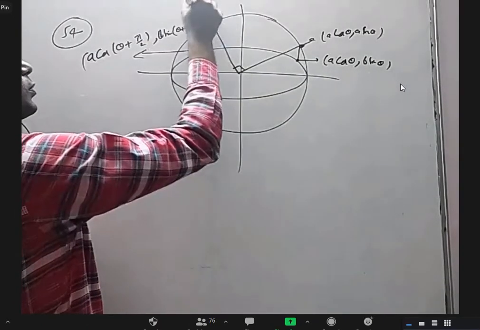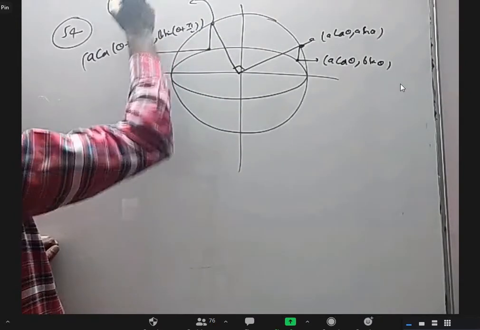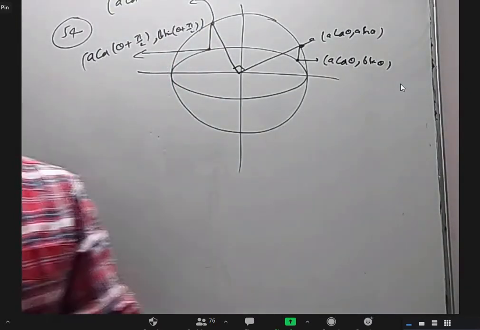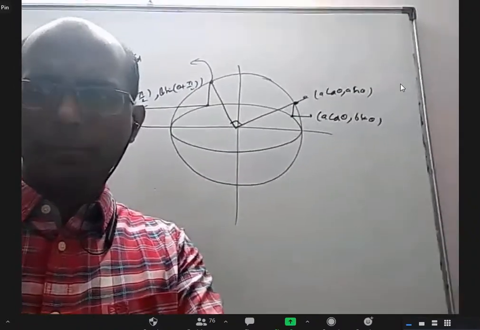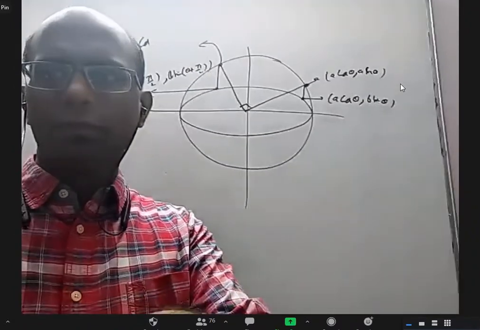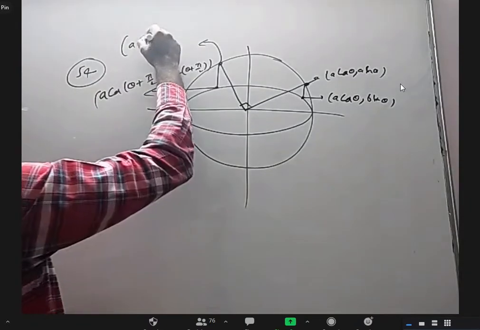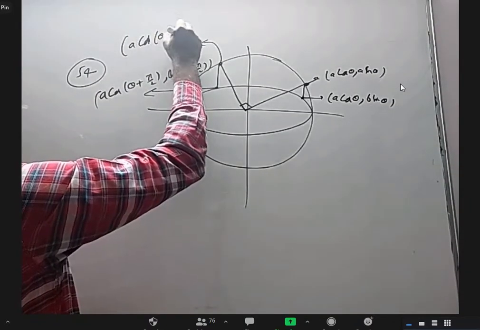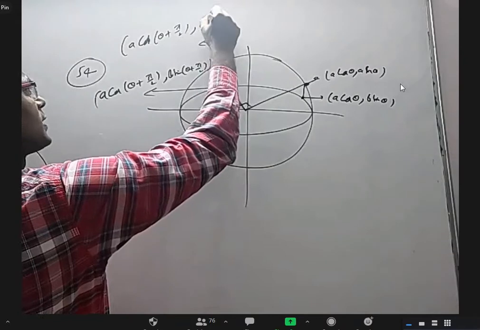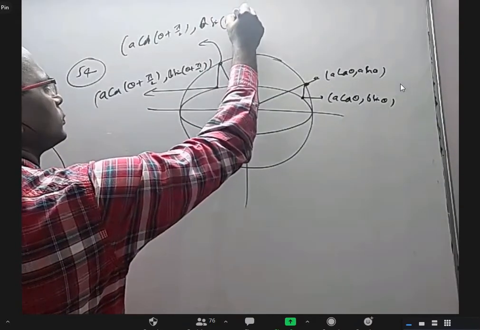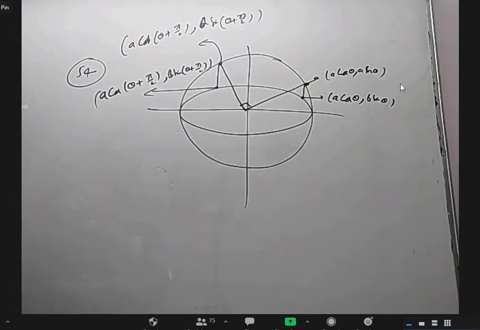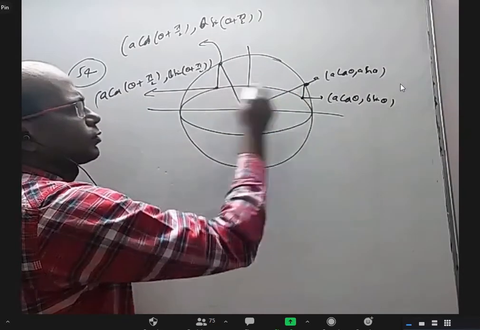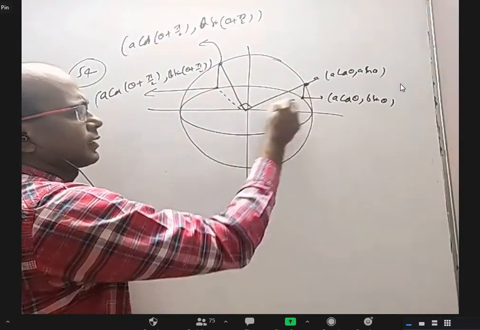And the corresponding point on the auxiliary circle is a cos of theta plus pi by 2, a sin of theta plus pi by 2. Just because parametric angles differ by pi by 2, don't think that in the ellipse when you take those 2 points, that angle is 90.